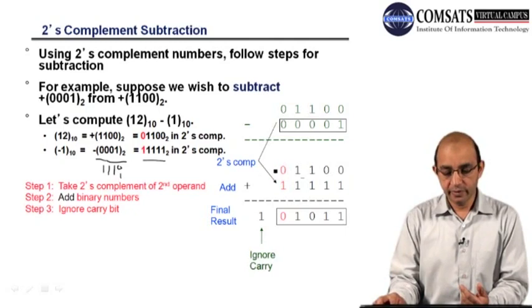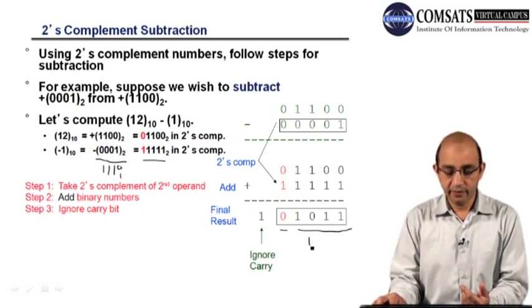This is 12, sign bit is 0, and this is minus 1, and after taking twos complement, the sign is absorbed by this number. So we will add those numbers, right? And this is the sign bit, and this is the carry. So we will ignore the carry, and we will get the resultant. This is the sign bit, and this is the resultant. 1 plus 2, 3, and 3 plus 8, 11.